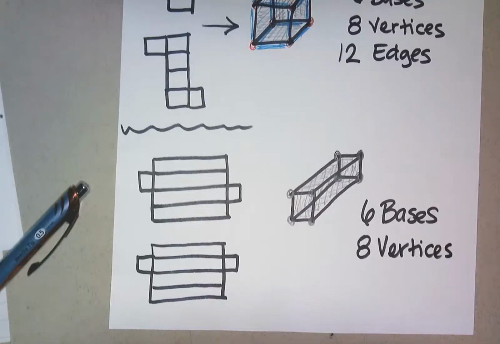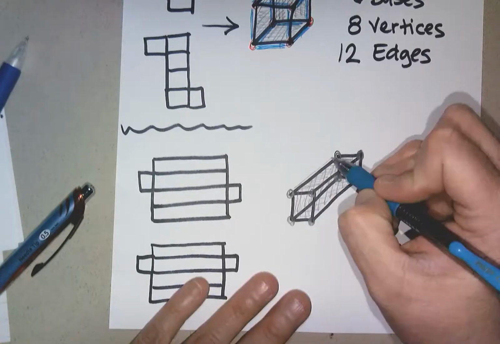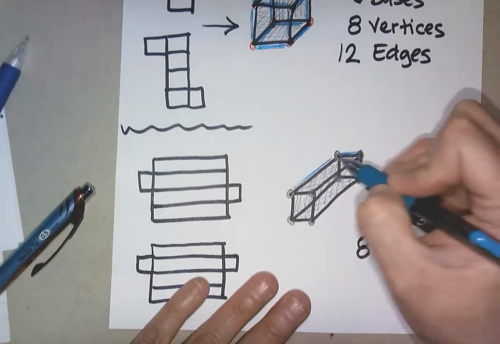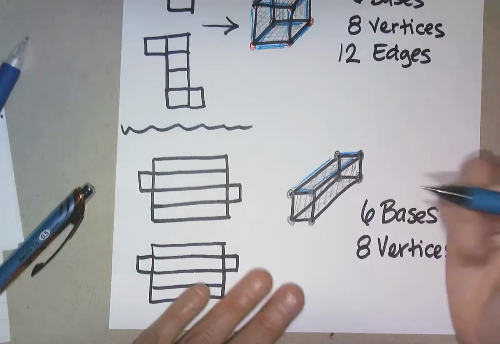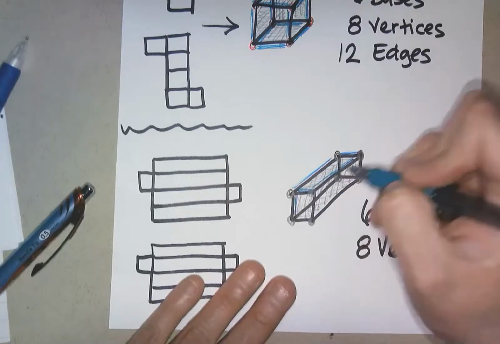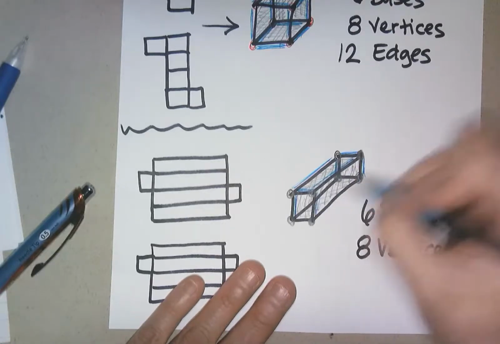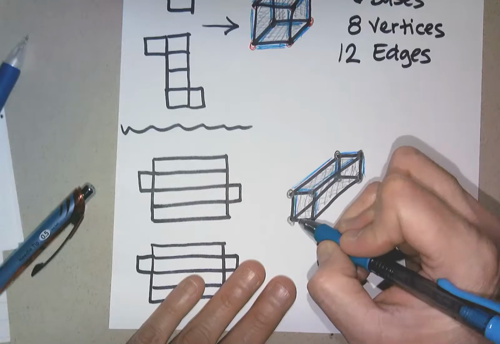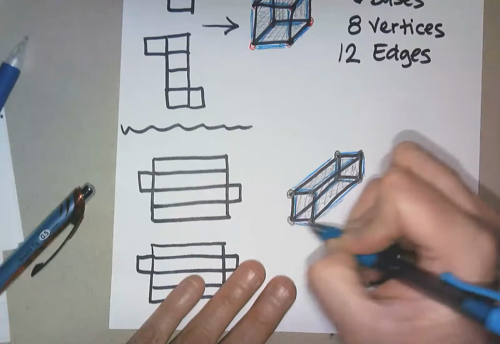And for our edges, you have 1, 2, 3, and 4. Going down, 5, 6, 7, 8 in the bottom, 9, 10, 11, 12.